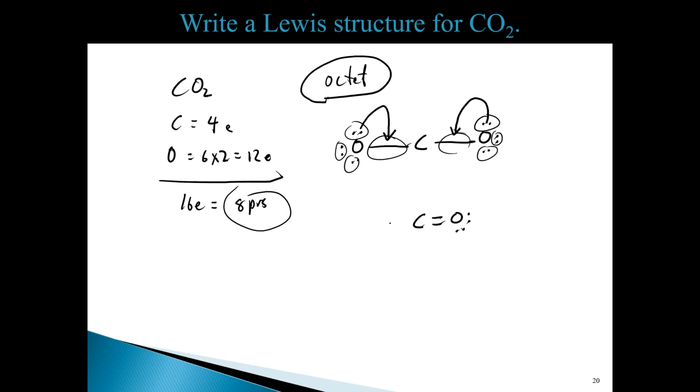And now every atom in this structure has 8 electrons on its outer shell, right? The oxygen has 8 electrons, which is 2, 4, 6, 8. This oxygen has the same arrangement, and the carbon in the middle has 2, 4, 6, 8 electrons, all right? And therefore, this here would be the final answer as far as the Lewis structure of carbon dioxide is concerned.